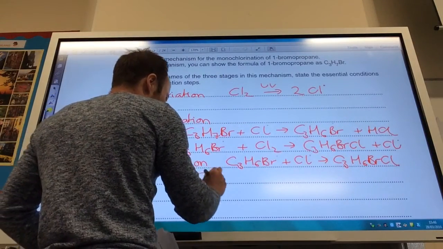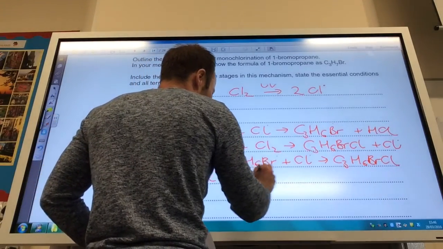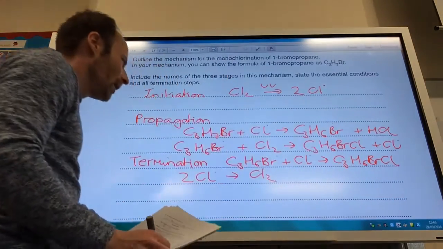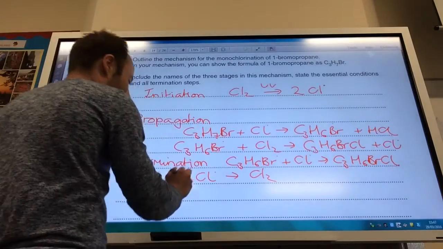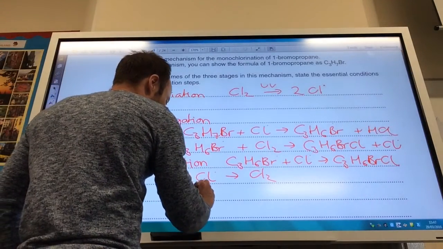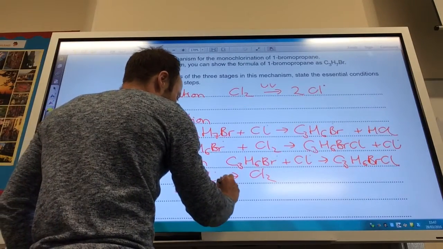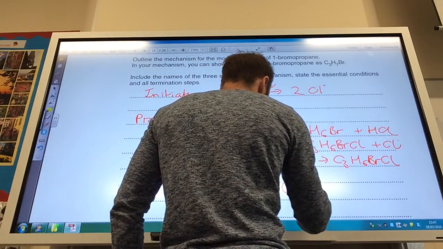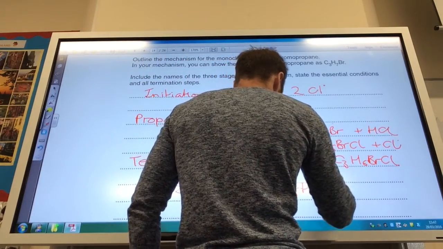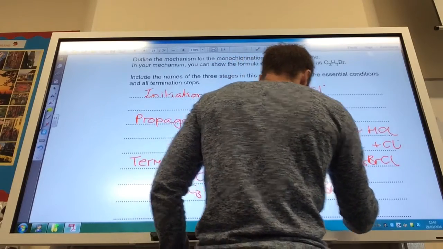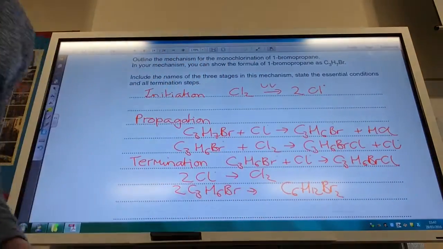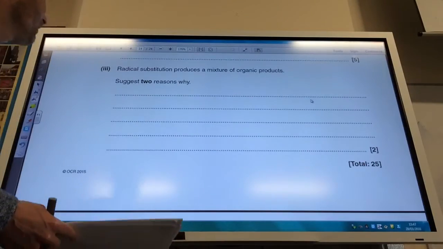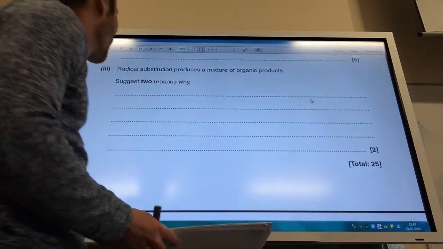So I could have 2 chlorine free radicals coming together to give me Cl2. Equally, I could have 2 C3H6Br free radicals coming together to give me C6H12Br2 as well.